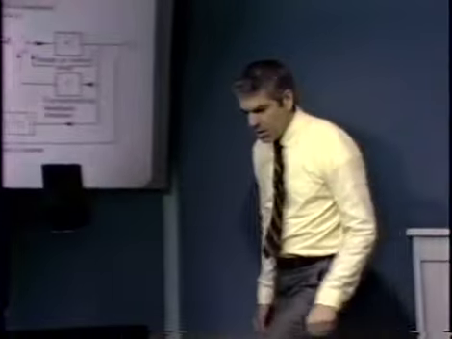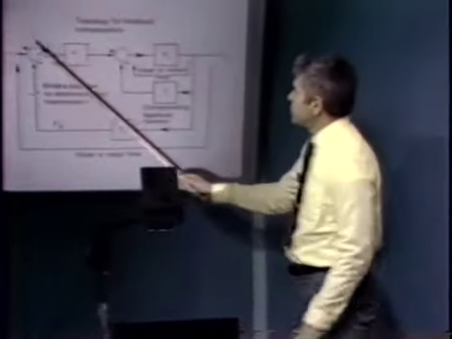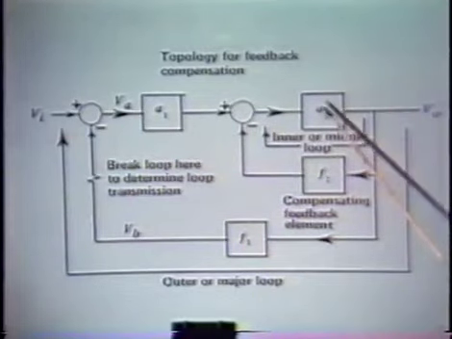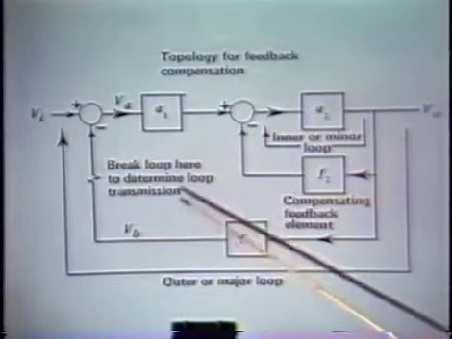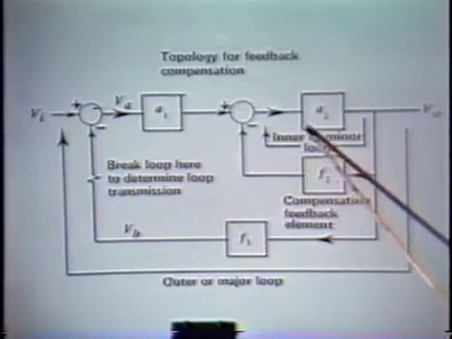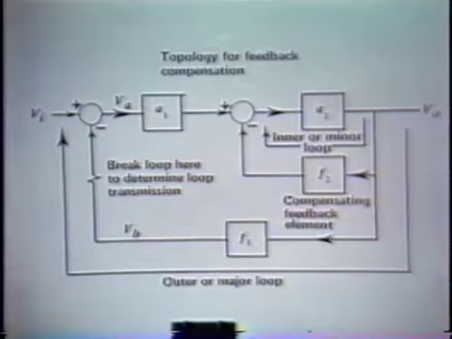Consequently, the transfer function from here to here, effectively the forward path of the major loop, is simply A1 times A2 over 1 plus A2 F2.